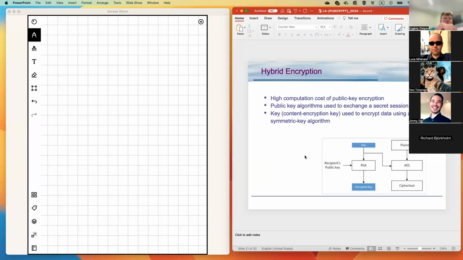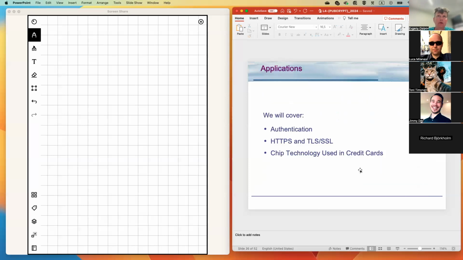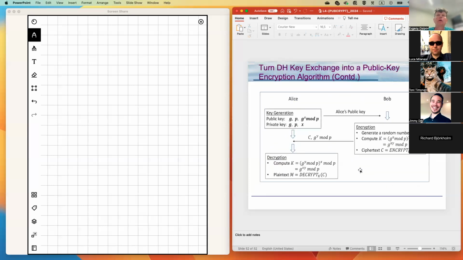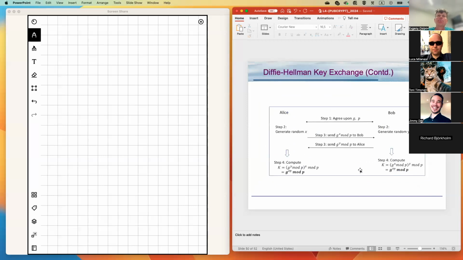So maybe while we are still here, let me see if I can quickly go here. I want you now to look at this protocol of key exchange and think about a possible attack to this protocol.